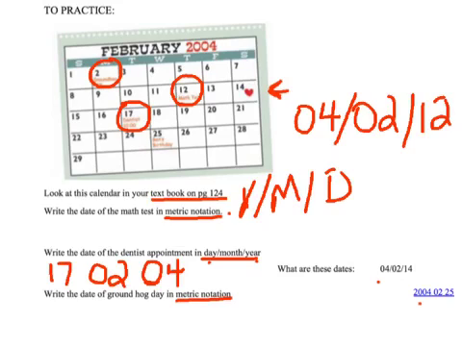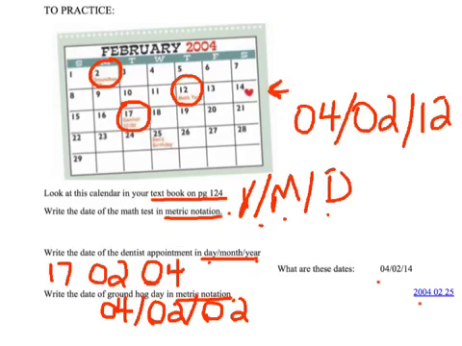And we're writing this one in metric notation again, which is year, month, day, longest period to shortest period. So 04. To month, which is the second month, so 02. To day, which is the second day as well, so we do another 02.